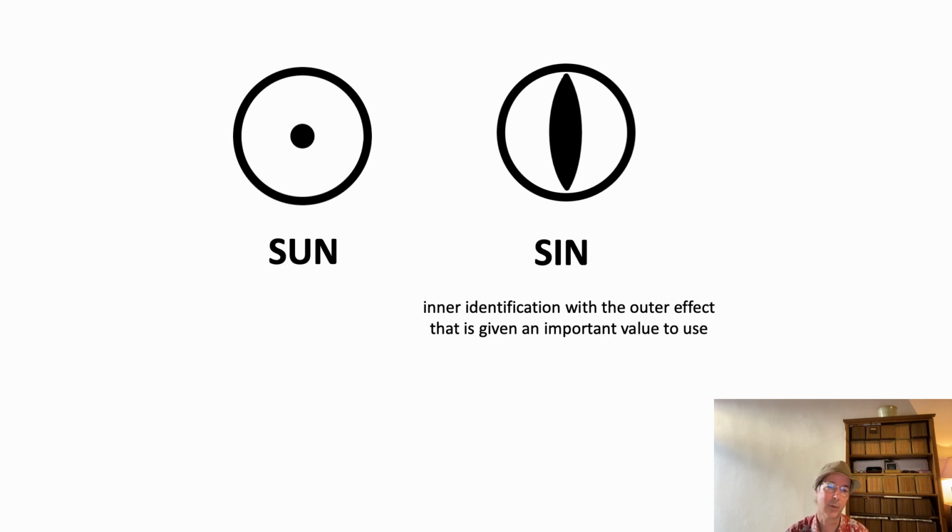Sin in that way is an inner identification with this outer effect, as if it is given an important value that you want to use, and that is one of the meanings of sin. Sin is using a complete identification with all the effects that something can have, without even an inner reflection of anything. The reflections themselves are its own center.